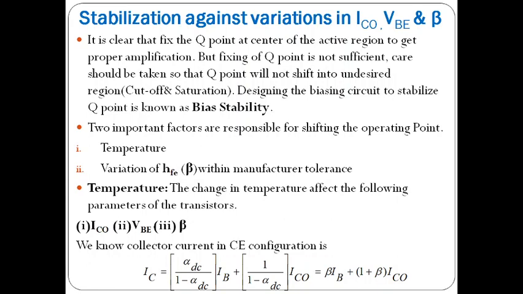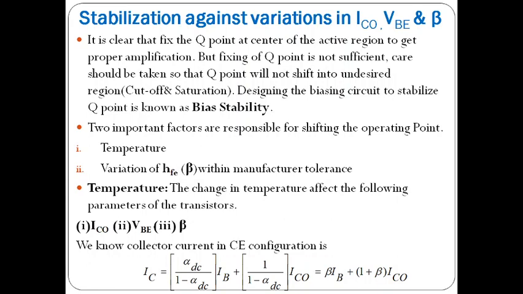So when operating point is varying on load line, when Q point or operating point is shifted towards saturation, then positive half cycle is clipping at the output. If operating point is moving towards cutoff region, then negative half cycle is clipping off.